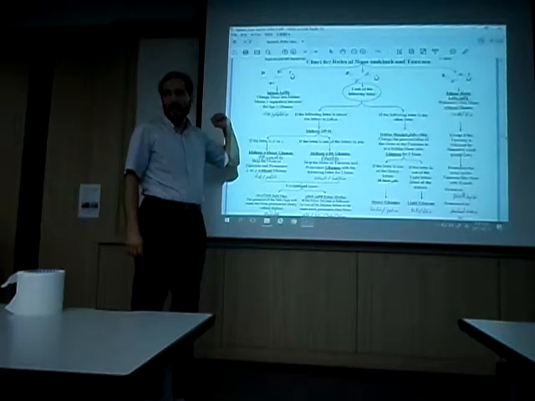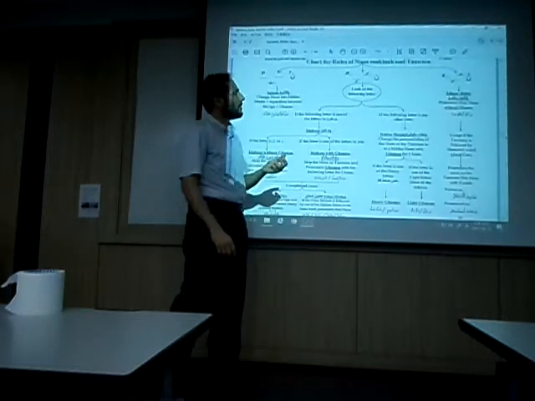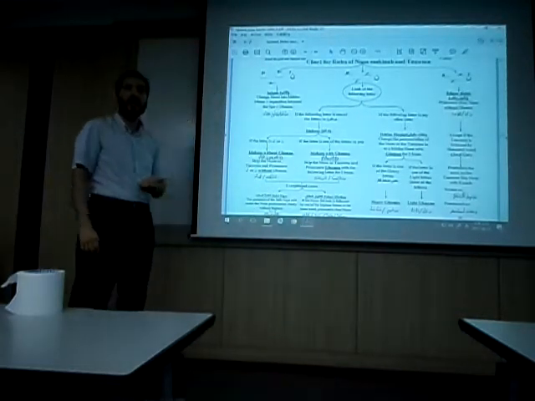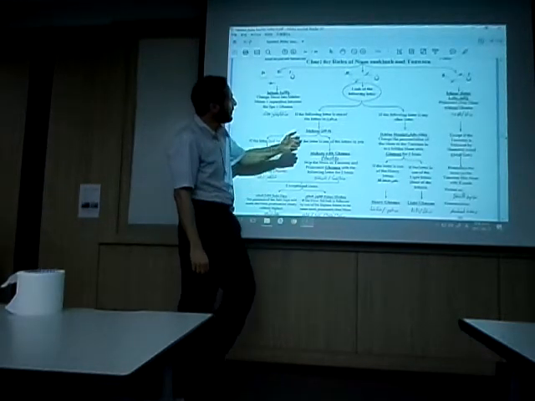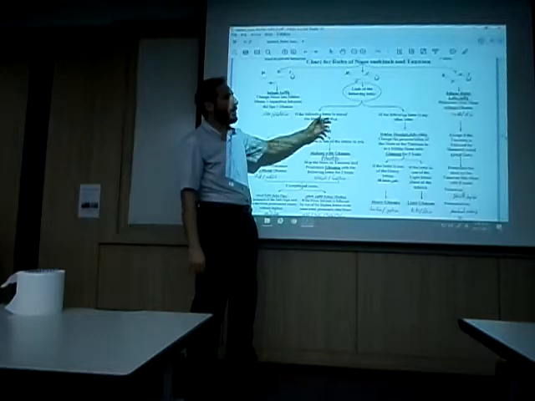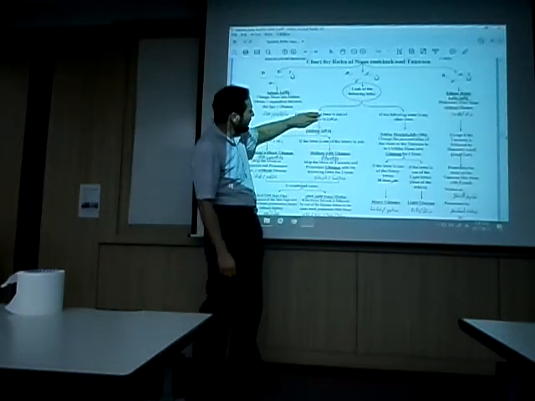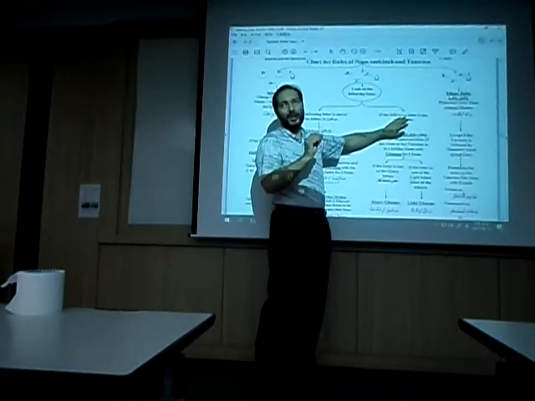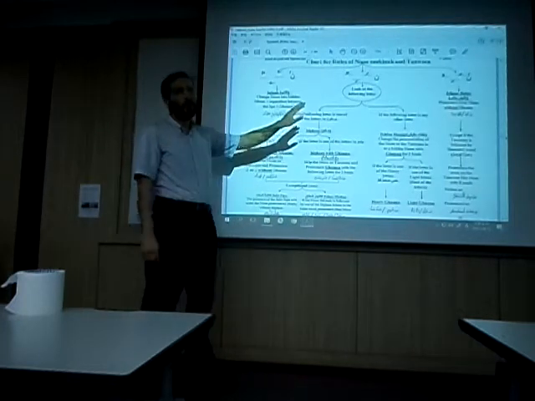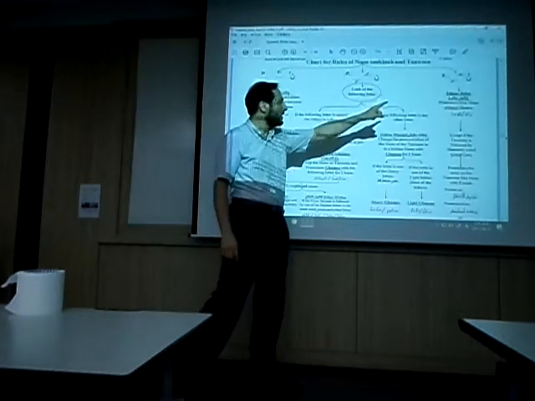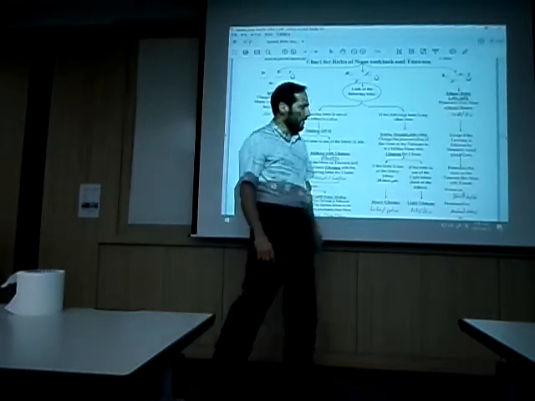Then the other one is idgham, which is going to be into two main rulings: one we call idgham, and the other one, not idgham, we call ikhfa. So now the four rulings should be clear: izhar, iqlab, idgham, and ikhfa.